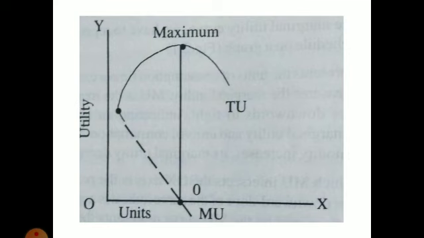So, the point where the total utility is the maximum and the marginal utility is zero, the equilibrium is attained. This is what we mean by consumer's equilibrium. The total utility will be maximum when marginal utility is zero.